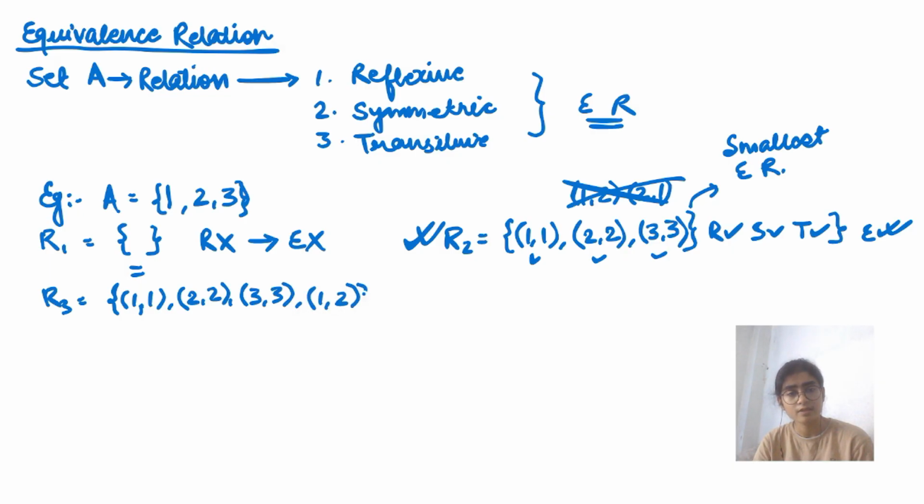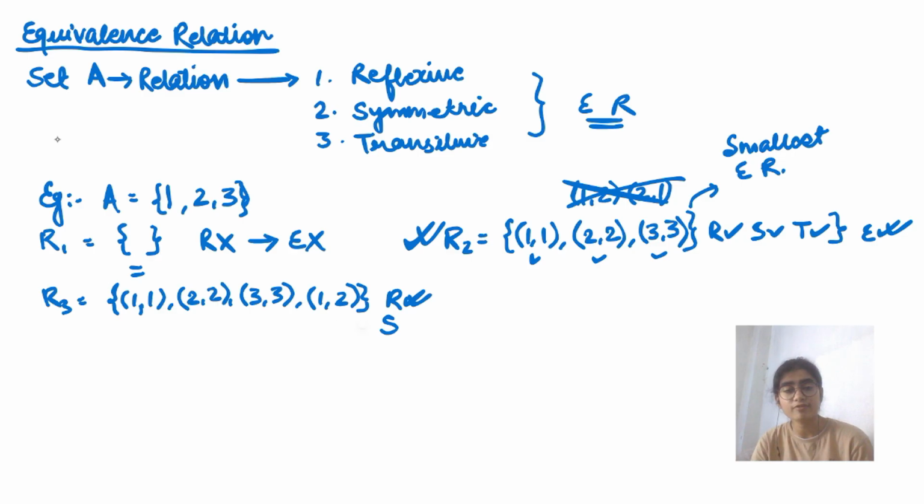Okay. So now see, this is reflexive. Yes, it is reflexive. It is satisfying the criteria of reflexive because (1, 1), (2, 2), and (3, 3) are present. Let's check for symmetry. So is it symmetric?